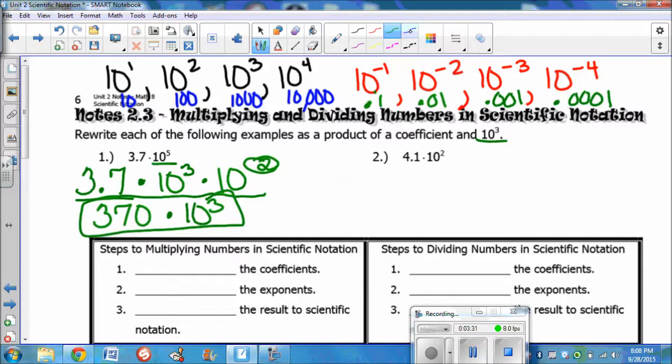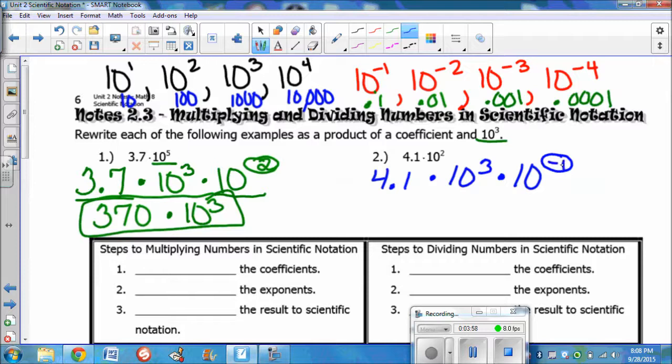Let's do the next one. 4.1 times 10 to the negative 2. But we've got to incorporate it. We've got to take the coefficient and show it as a product of 10 to the third times what? But we can't change the value of it. We're just writing it a different way. So 3 plus what exponent would give me negative 2?